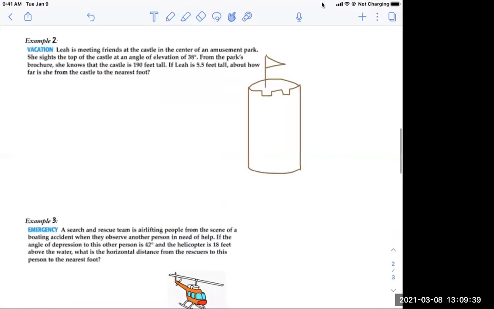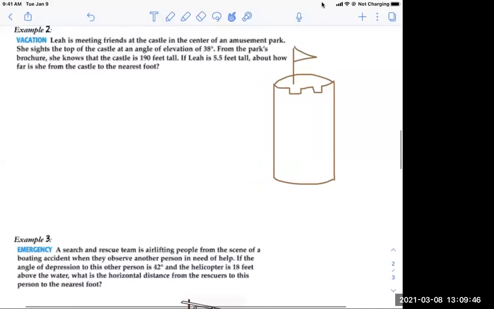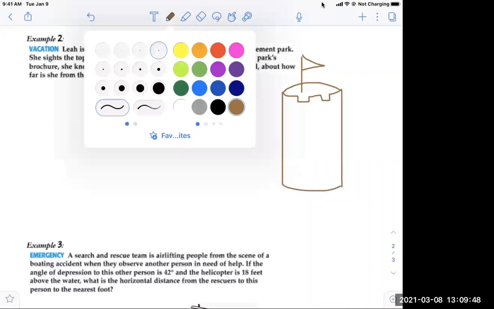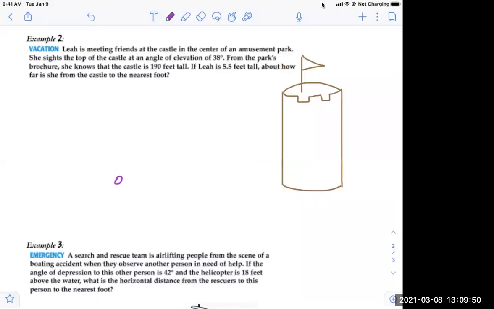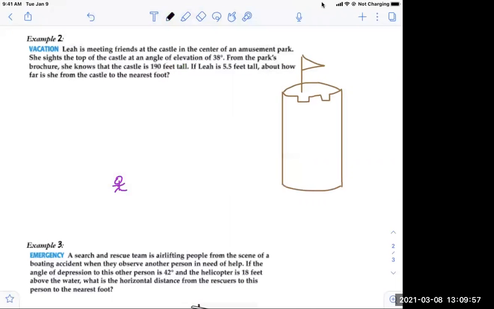Leah is meeting friends at the castle in the center of the amusement park. She sights the top of the castle at an angle of 38 degrees. So here's Leah. Leah is purple. She is looking up at the top of the castle. It says that the castle is 190 feet tall, so this distance is 190 feet.